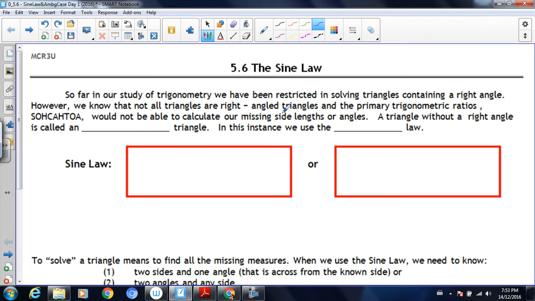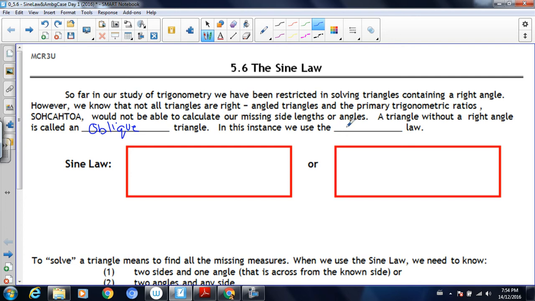A triangle without a right angle is called an oblique triangle.